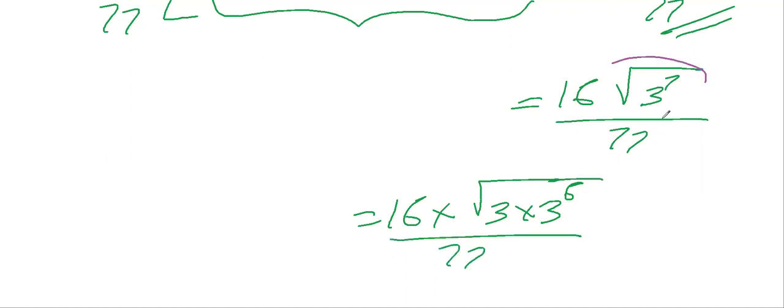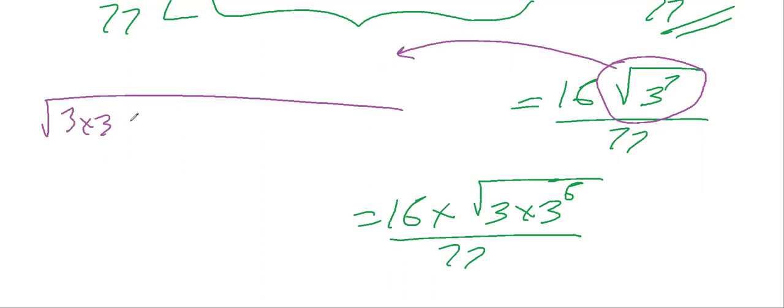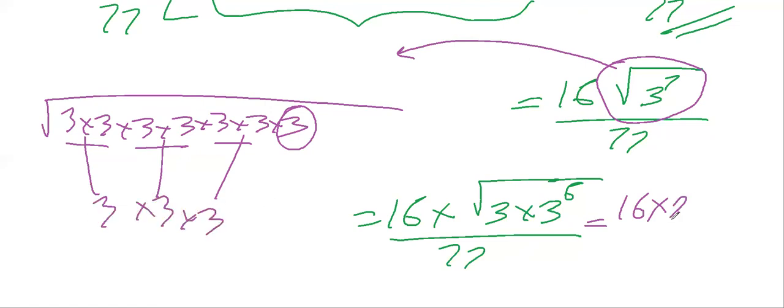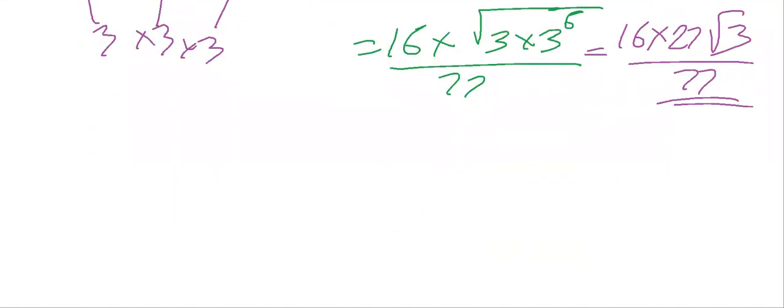Let me write this part separately: the square root of 3 into 3 six times, so 3 threes are there. Finally you can write this as 16 into 3 into 3 into 3, that is 27, so 27 root 3 upon 77.